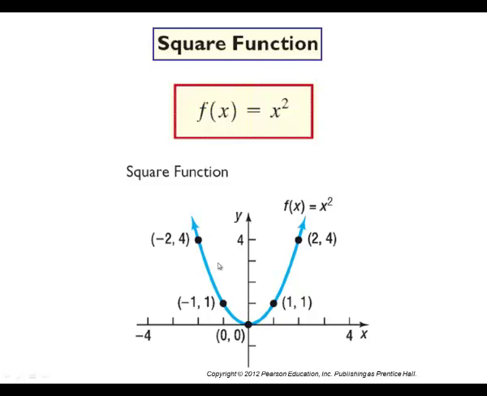And so you get this parabola looking graph. If x is 2, well, 2 squared is 4, so that'd be 2, 4. If x were negative 2, that'd be negative 2 squared, you get negative 2, 4 there. And so this is a parent graph for the parabola where the vertex is at the origin.